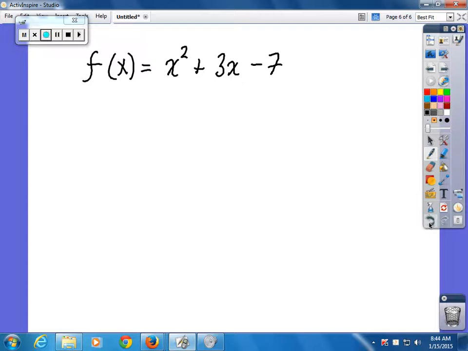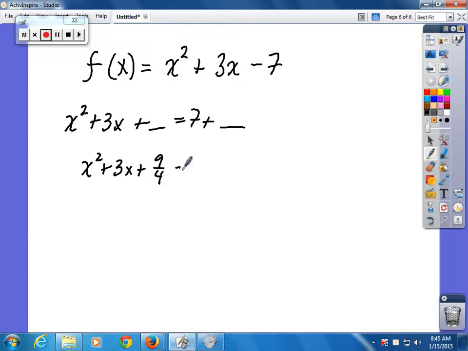I'll get some of you started, just to at least complete the square. That'd be x squared plus 3x plus blank is equal to 7 plus blank. Half of 3 is 3 halves. 3 halves squared is 9/4. So x squared plus 3x plus 9/4 is equal to 7 plus 9/4.